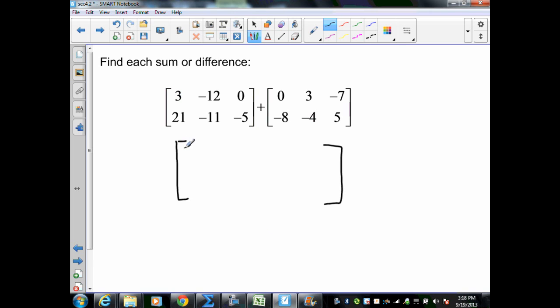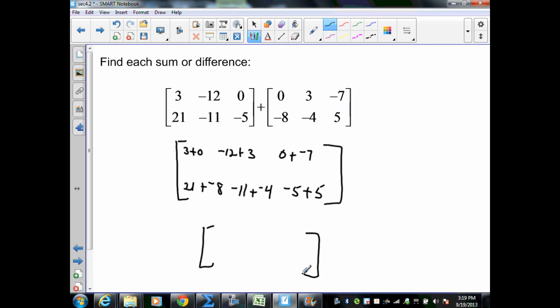First, we have 3 plus 0, negative 12 plus 3, 0 plus a negative 7, 21 plus a negative 8, negative 11 plus negative 4, and negative 5 plus 5.